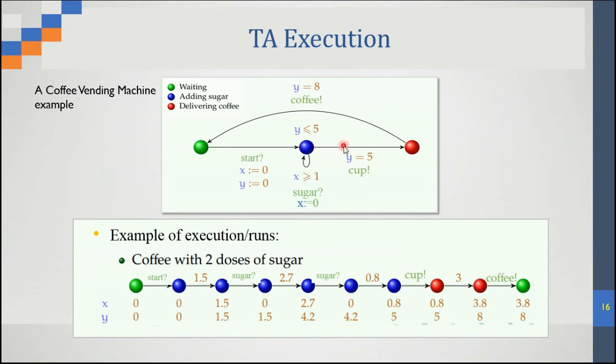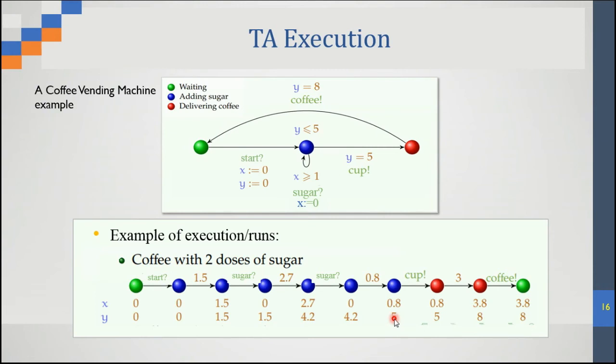And then we should move from the blue location to the next. We can move if y equals 5. So the y here equals 4.2 now, and it has to wait until it is equal to 5.